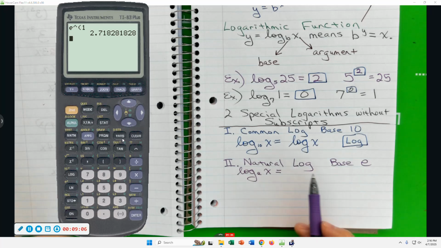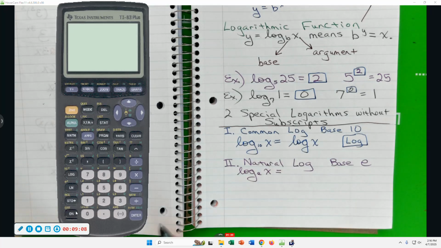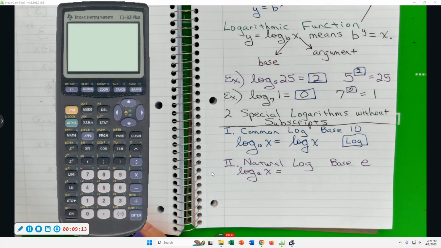Now the natural log is by far the most common logarithm that's used in scientific and business calculations. And so it was important that they had a way of denoting this without the subscript for ease of typing. And the good notation, log, had already been used. If you see log and no subscript, that's a log base 10. So someone came up with the idea.